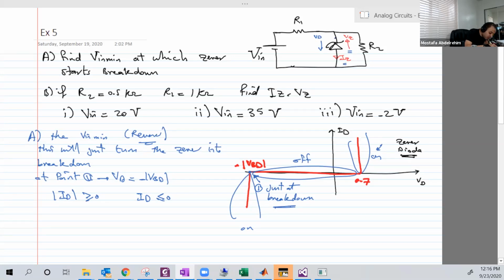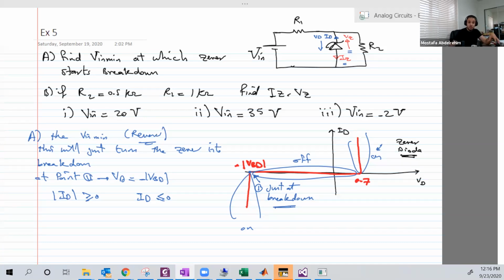This is opposite to the one that we usually do, from B to N. And that way, IZ and VZ, if we are working in the breakdown region, should be positive. Just to avoid the confusion, I assume other names, symbols, for ID and VZ.